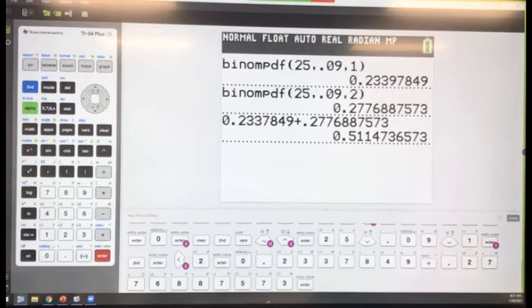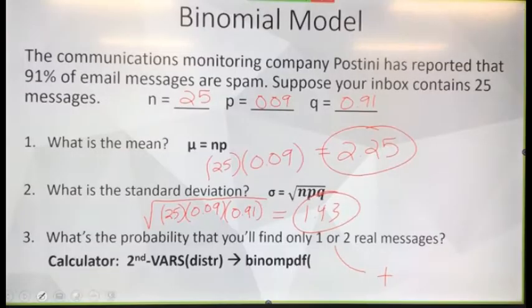And my probability is what? About a 51% chance I'll get either 1 or 2 real emails out of that 25 message inbox.